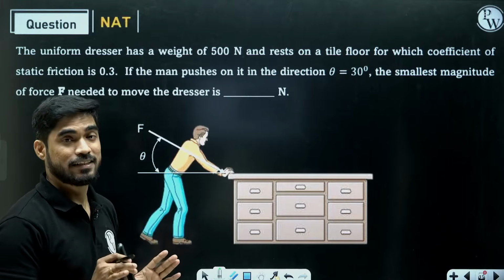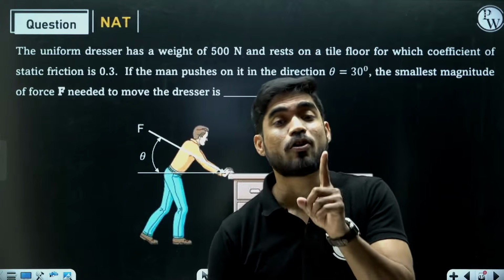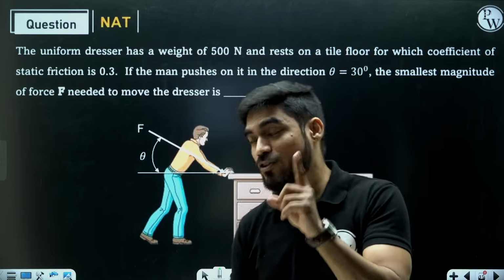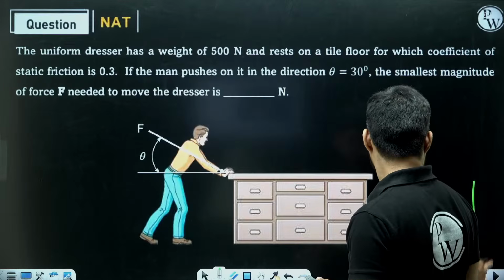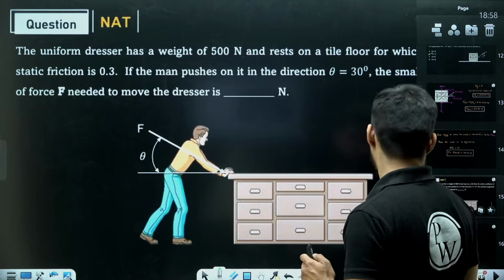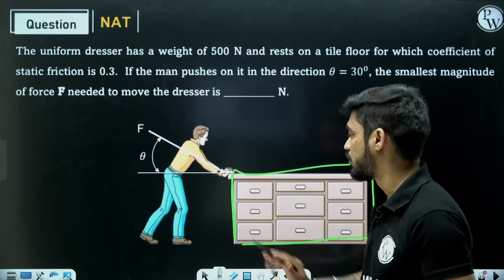It means we need to assume that the dresser is on the verge of motion. So by assuming that, you draw the free body diagram of the dresser. Assume that the dresser is just about to move.